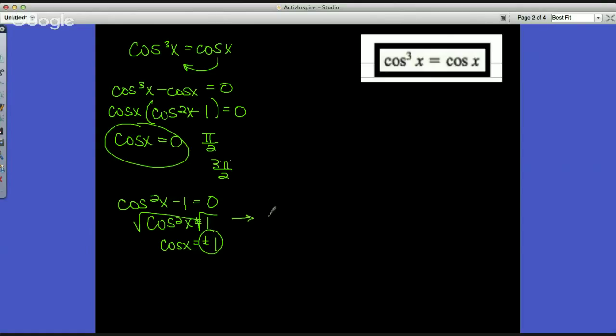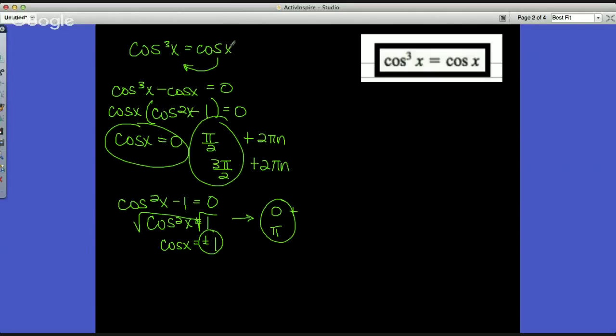Well, my answer would actually be on the x-axis, and it would be at 0, and it would be at pi. So 0 and pi, and pi over 2 and 3 pi over 2 are our 4 answers. And then what we're going to do is add 2 pi in, because there's nothing else linked to it.